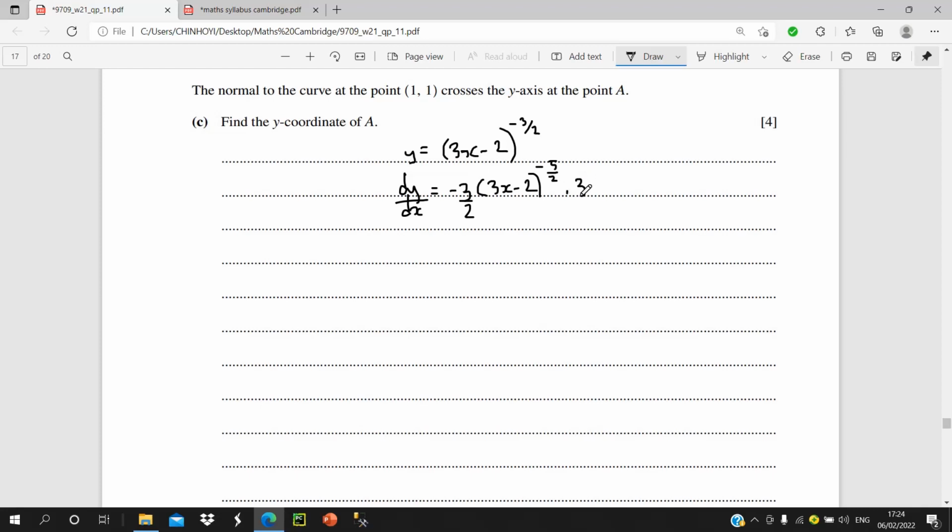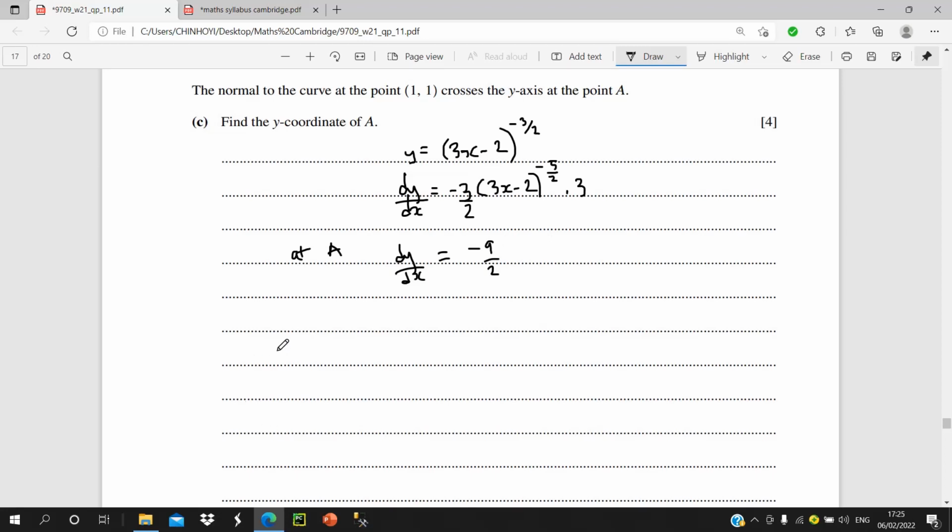So at the point where x equals 1, at A, the dy/dx, which is the gradient of the tangent, now go and substitute 1. Can you confirm dy/dx? If you substitute 1 using your calculator, you are going to get dy/dx as negative 9 over 2. So this is the gradient of the tangent.